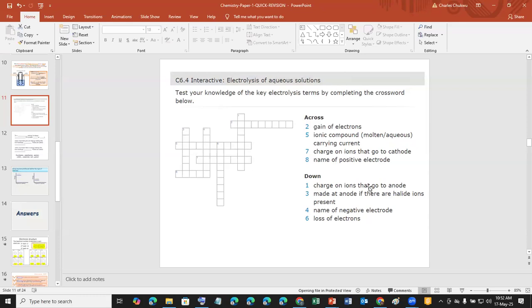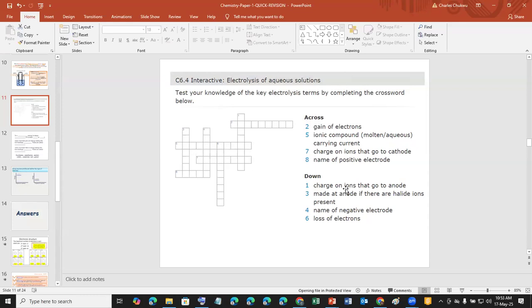Remember, unlike charges attract, okay, while like charges repel. So the positive electrode will attract the negative ions.